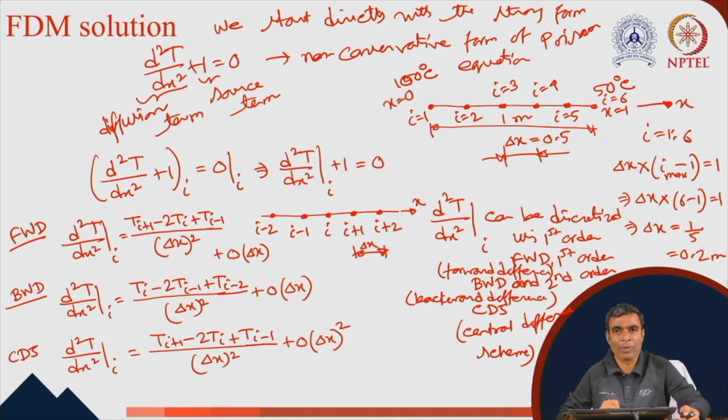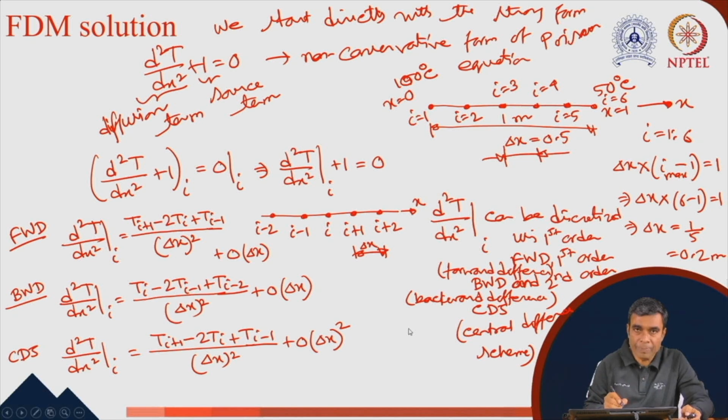Here, we cannot use the biased direction schemes like the forward difference scheme or backward difference scheme, because they are biased towards the forward direction or the backward direction respectively. The central difference scheme does not have any directional bias.